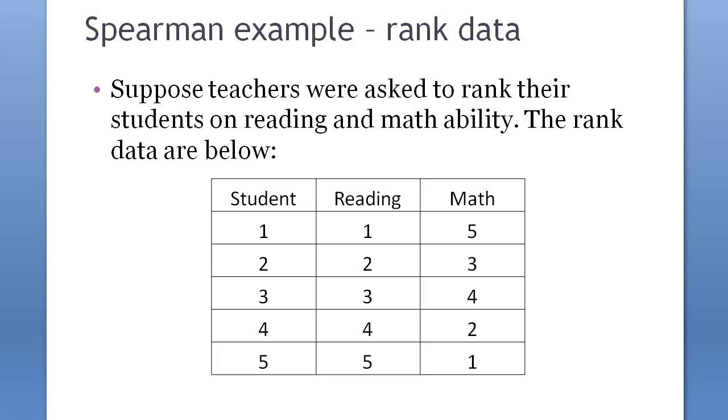Okay, so this is an example. For example, there are 5 students, and these are not the scores, but just the rankings. 1, 2, 3, 4, 5, and 5, 3, 4, 2, 1. So why is it so different? It's really different because they lost all the actual scores and measurements, so you can't really know the distance between the performances.